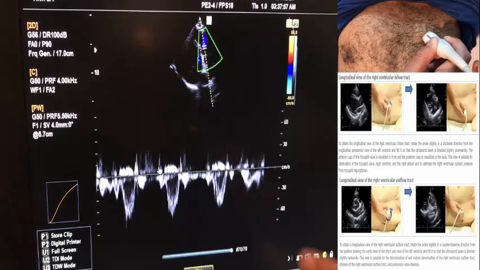You can diagnose the end diastolic or diastolic pulmonary artery pressure by knowing the end diastolic velocity here. Here the end diastolic velocity is, say, about 15 centimeters per second. From this end diastolic velocity, by the Bernoulli equation, you can measure the diastolic pulmonary artery pressure. The machine will do it very easily for you through the Bernoulli equation.